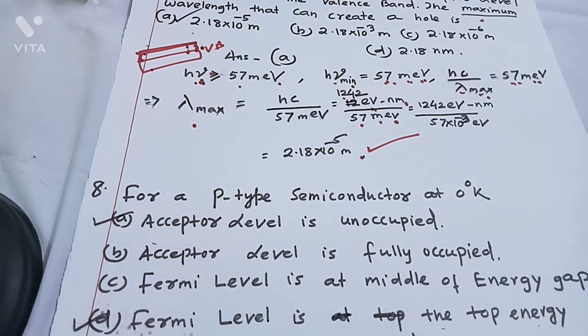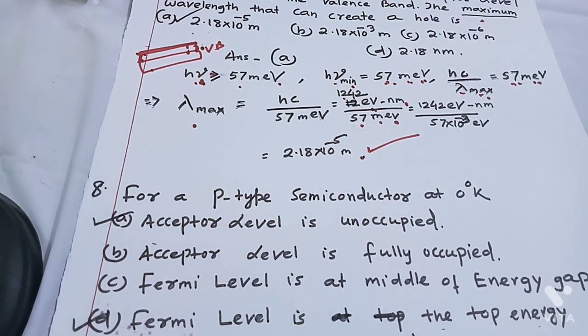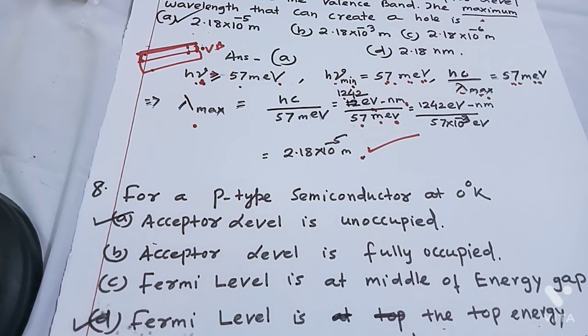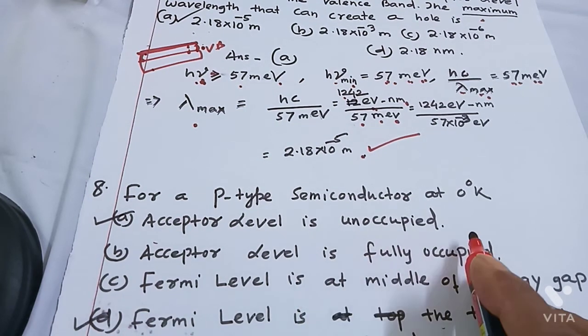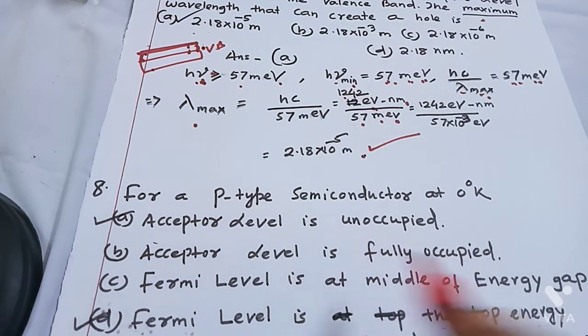Now, at 0 degree Kelvin, in case of p-type semiconductor, the acceptor level is unoccupied. Normally, the acceptor level in a p-type semiconductor at 0 Kelvin is not occupied.